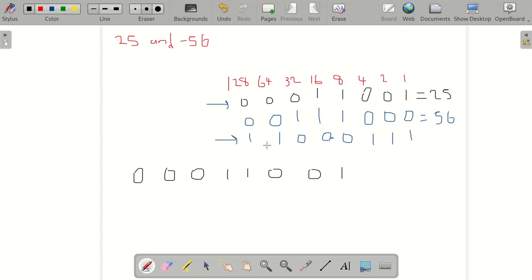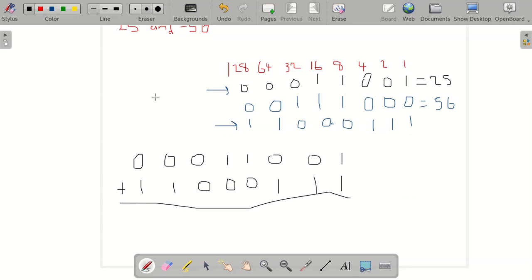Now negative 56 in 1's complement is 1, 1, 0, 0, 0, and 3 1's. Remember we are adding, so I'll say plus. Now let's come up with our final answer.